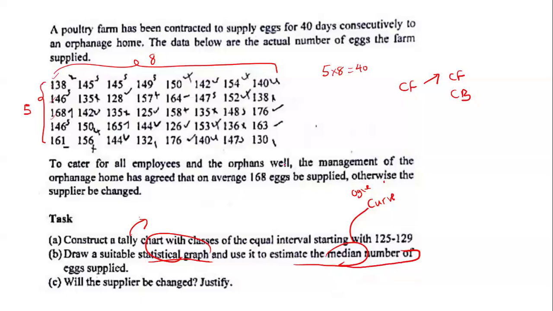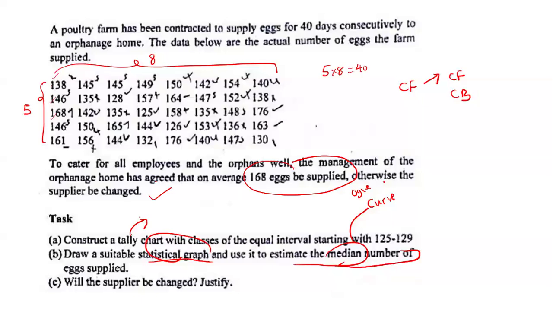Then from there, when you read through the question, they told us that to cater for all employees and the orphans, the management of the orphanage home has agreed that on average 168 eggs be supplied. Otherwise, the supplier will be changed.